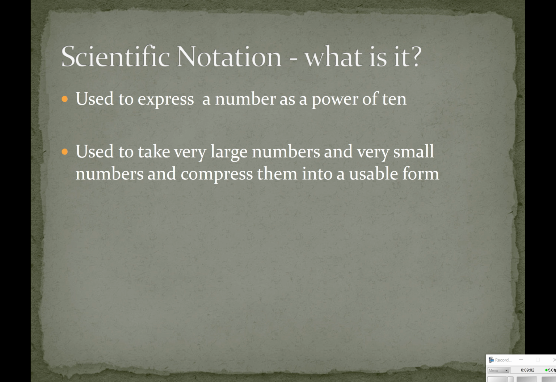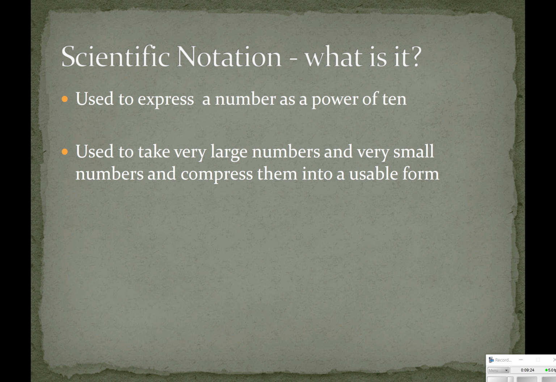What is it exactly? You've probably seen numbers expressed in scientific notation. We're going to learn how to convert them into and out of scientific notation, so from standard notation into scientific, or from scientific into standard notation. And this notation is used to express really big and really small numbers as a power of 10.